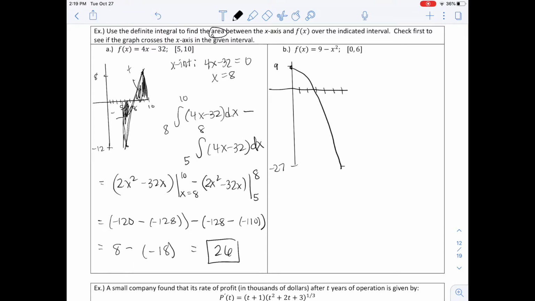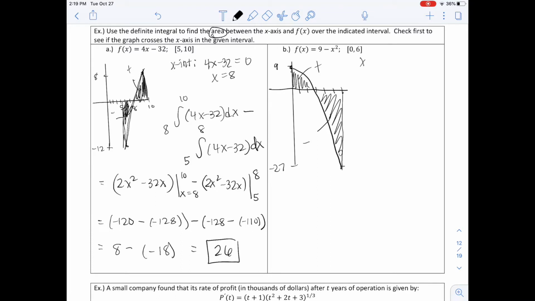And when you talk about areas, it's always between the x-axis and the graph, and that value on the left and right sides. So we have our first area up here, which is definitely a positive area with it being above. And then our second area, which is down here, which is a negative area and is below.